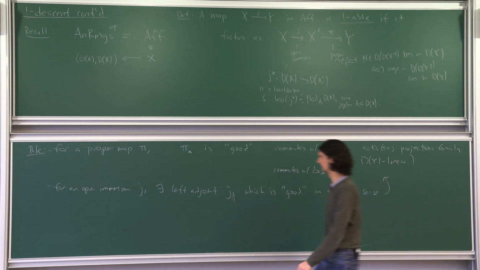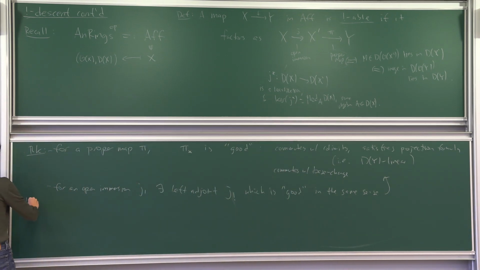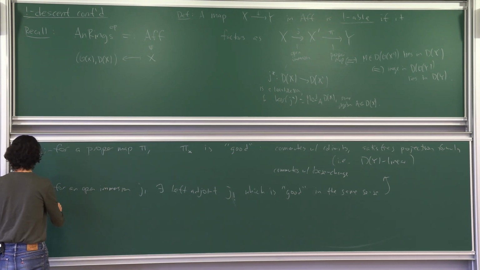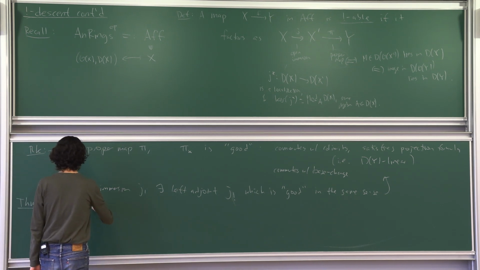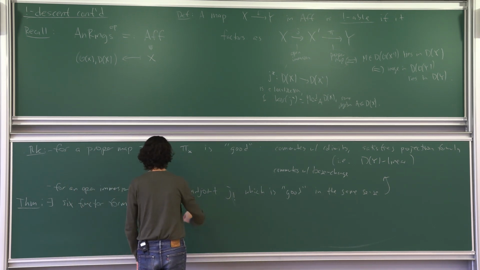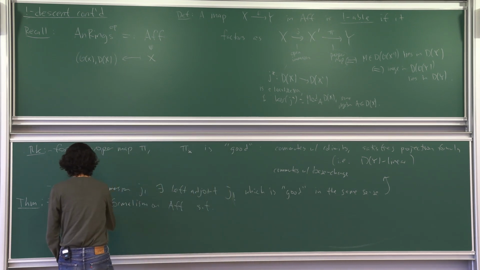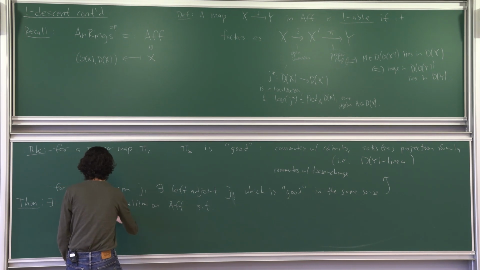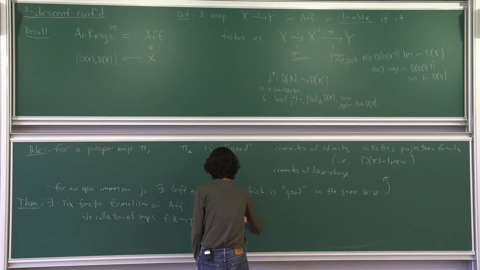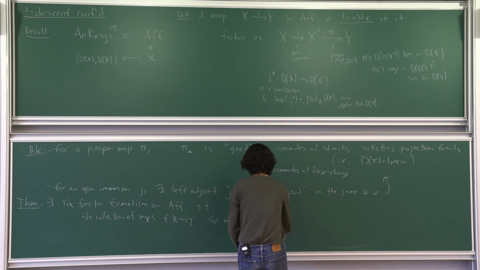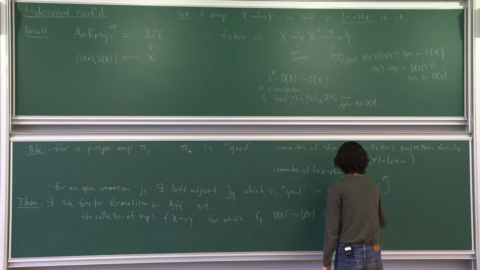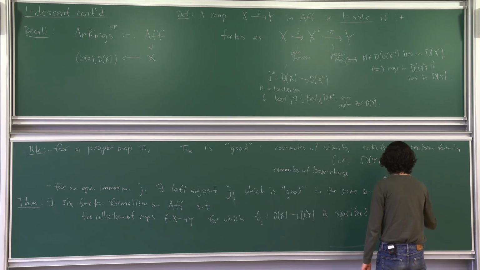Right. And then the theorem that was discussed last time was that there exists a six functor formalism on F such that the collection of maps f from X to Y for which this extra functor you have, f lower shriek, from D of X to D of Y is specified, is the class of shriekable maps.